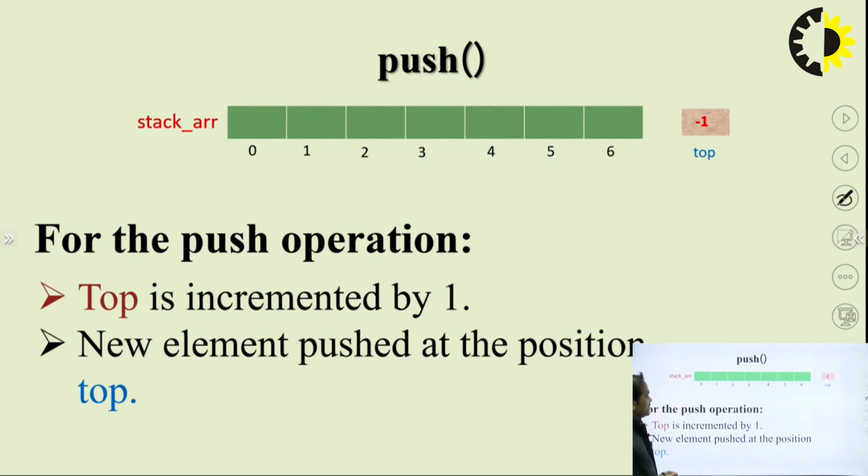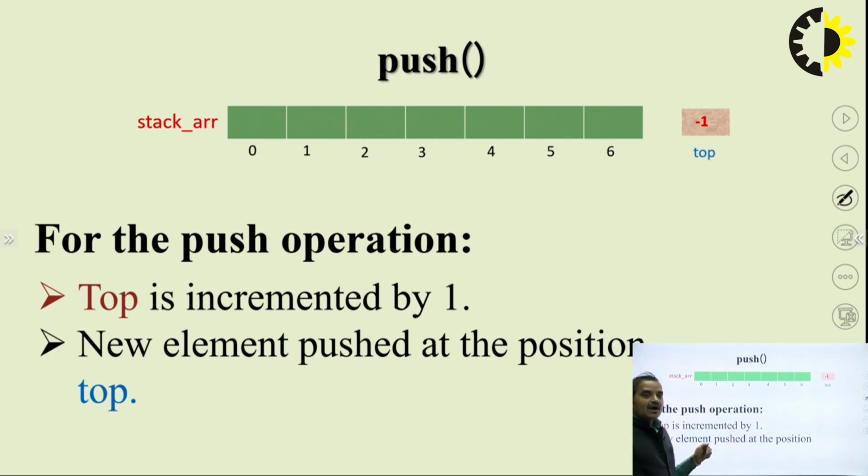Now these are the conditions where we want to perform a push operation. For the push operation, top is incremented by 1. Before this slide, we showed how the algorithm of push and pop operations works. Here we show how the implementation can take place.